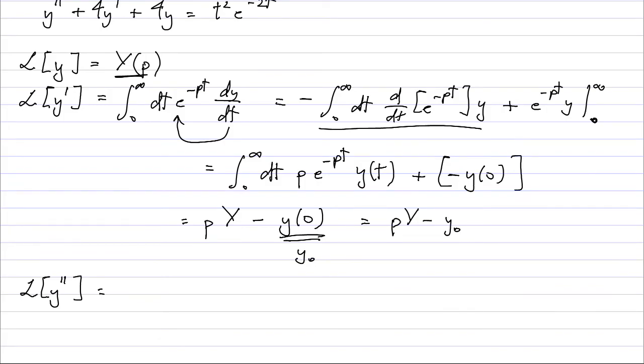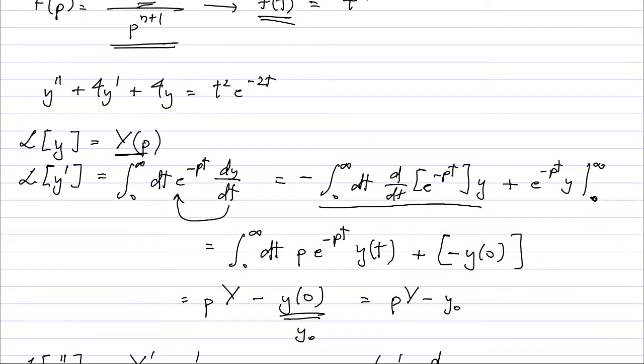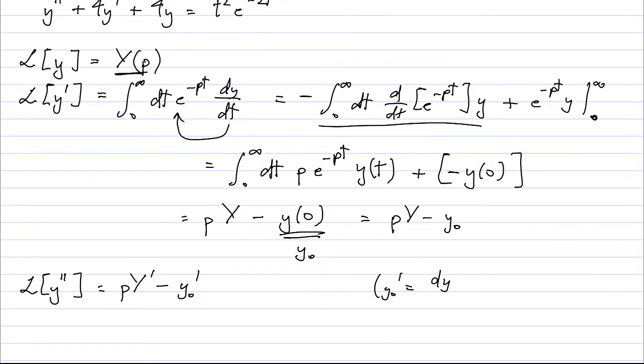You can just use your previous result to guess that this will be p times capital Y prime minus y naught prime, where y naught prime is the value of the derivative dy upon dt at the initial time.